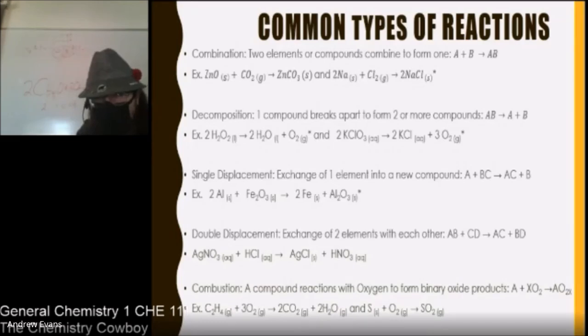Now, the opposite case, decomposition. One compound will break apart to form two or more, such that, say, hydrogen peroxide will break apart to form water and oxygen. That's also oxidation reduction.